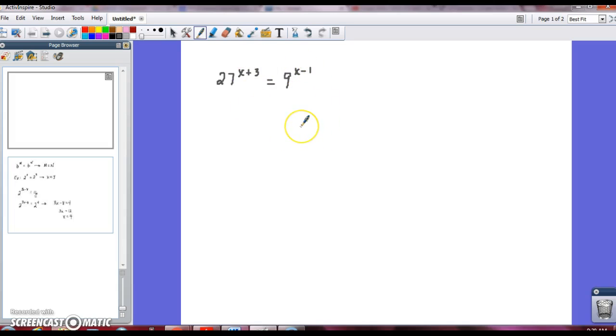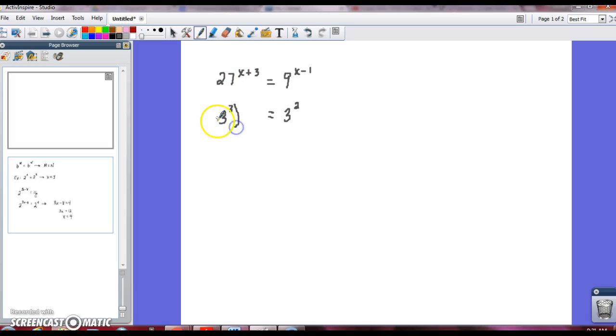What I can do is rewrite both sides so they have a common base. I can break them down to their most basic form and recognize that 9 can be broken down into base 3, and so can 27. I can rewrite 9 as 3 squared, and I can rewrite 27 as 3 cubed.